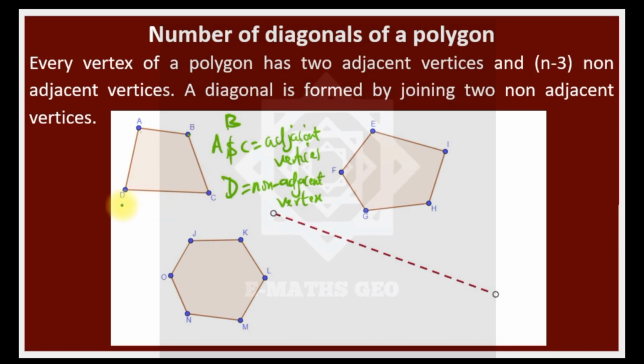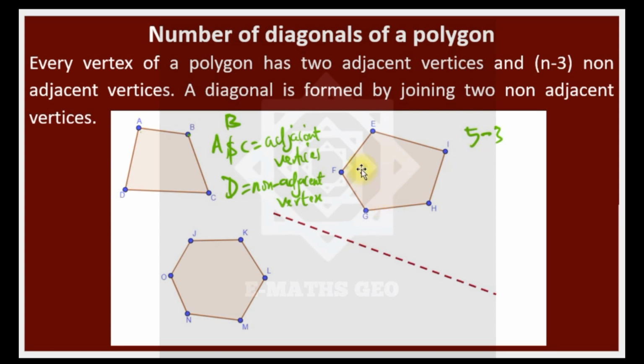So 4 minus 3 is 1. Have you seen why we have only 1, D, as the non-adjacent vertex? For 5-sided, we have 5 sides, so 5 minus 3. So each of them will have 2 non-adjacent vertices.